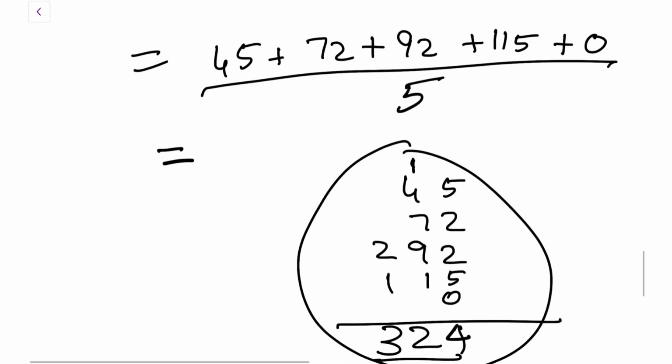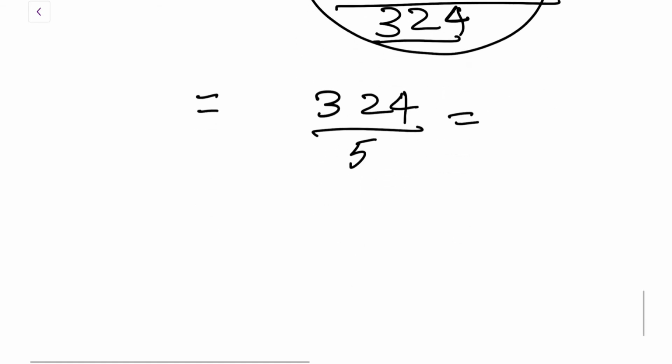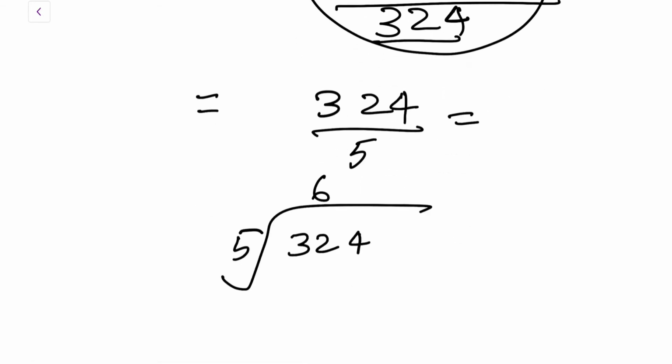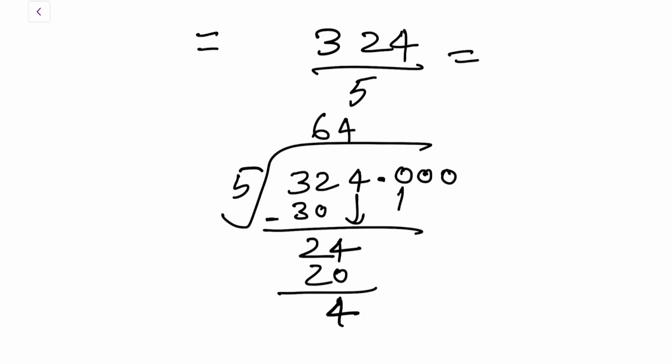how much? 5. Correct. So if you do the division, 5 6s are 30, 2 4 comes down, 5 4s are 20, okay, 4. Because the remainder is not 0, we can do further.